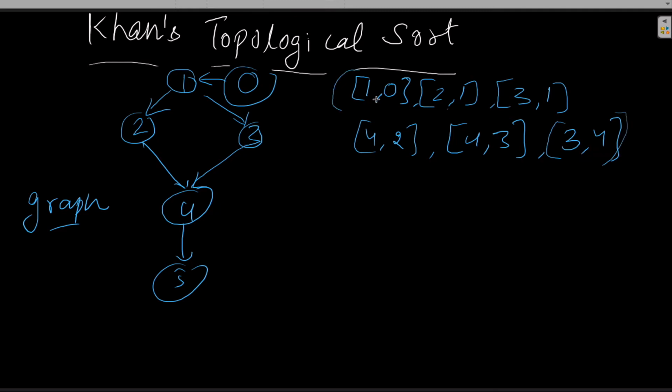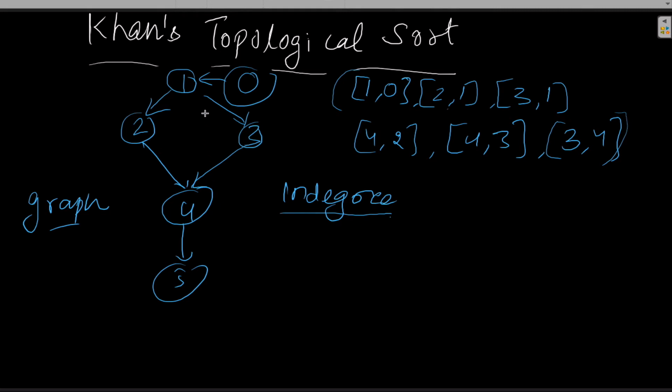According to Kahn's topological sort, we first need to find the in-degree of each of the nodes. What does in-degree mean? In-degree means how many nodes need to be completed before you can complete that particular node.